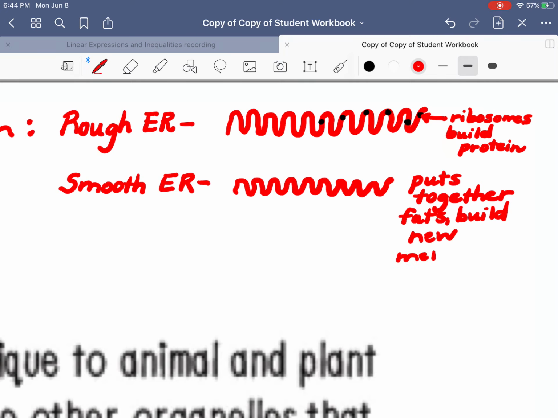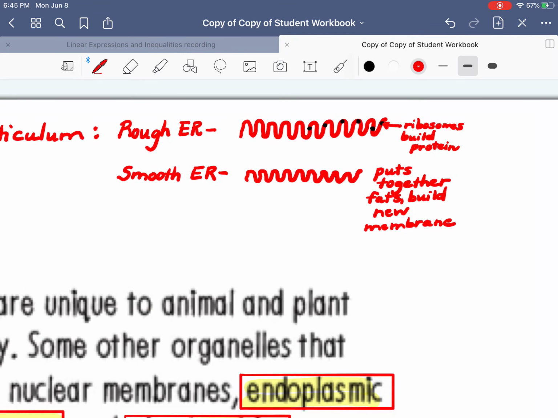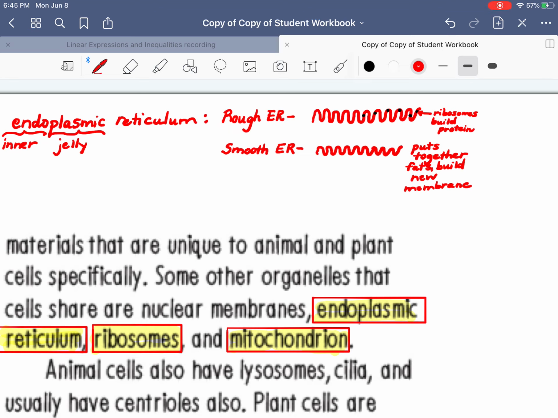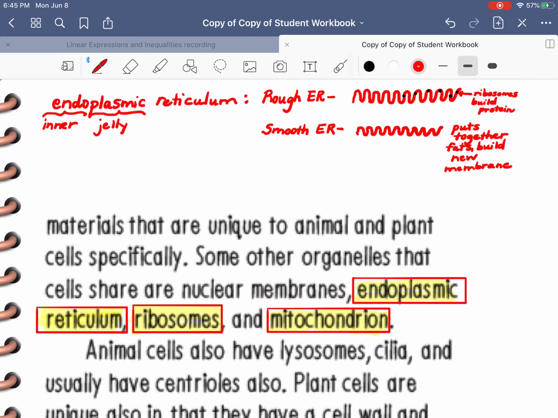So when the cell's skin is wearing out and it needs new skin, the smooth ER puts together fats to help make that new skin. So the endoplasmic reticulum, either rough or smooth, is involved in construction of new cells. Proteins, new membranes, it's making parts for new cells. Very important part of your body.